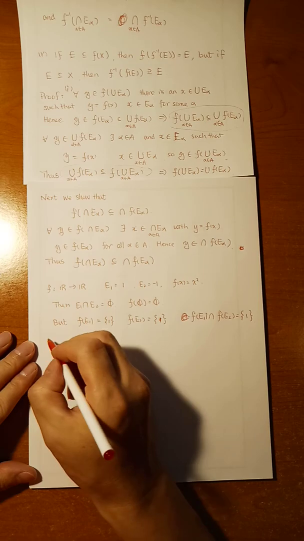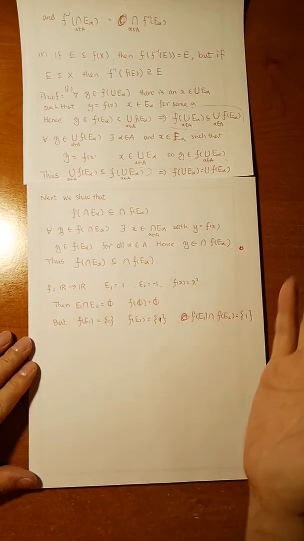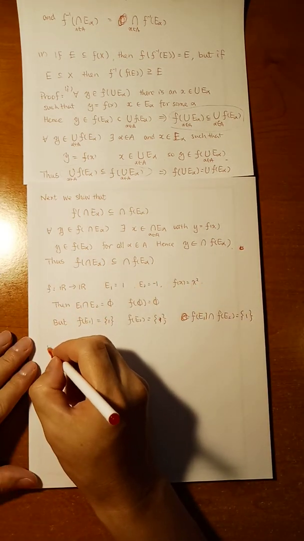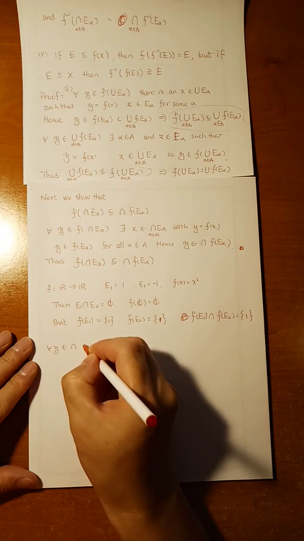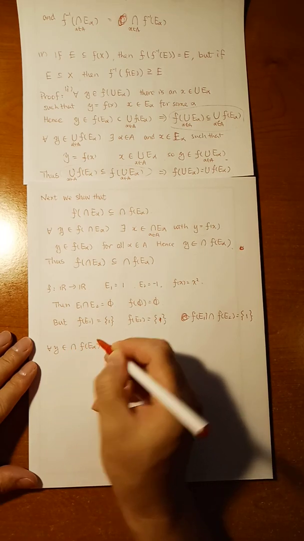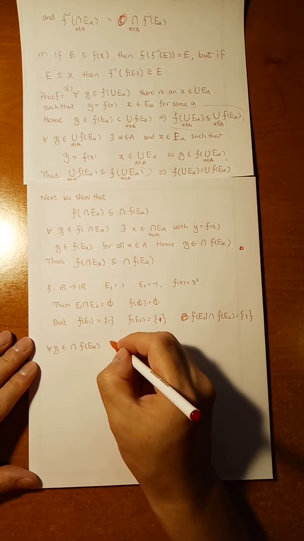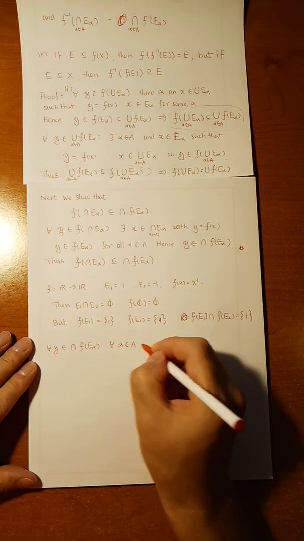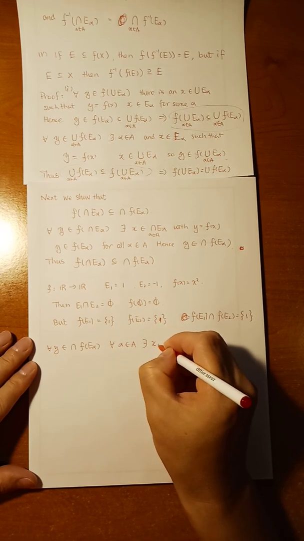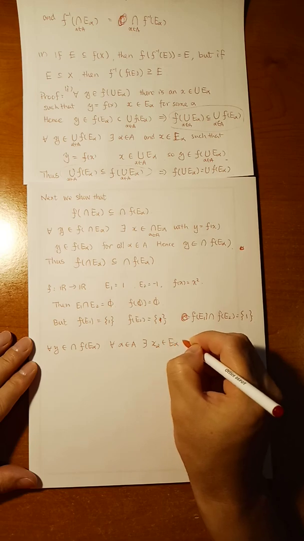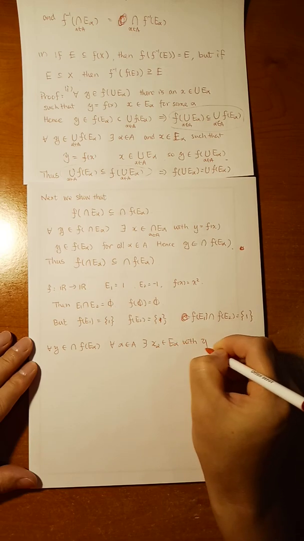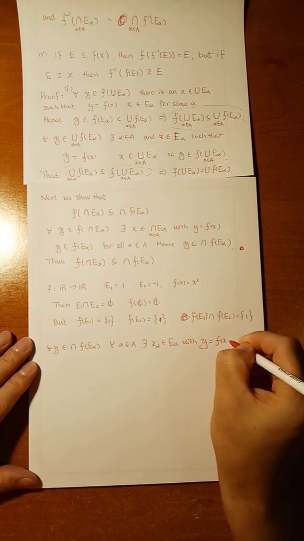The reason is, if you want to prove the other way, for all y in the intersection of f of E alpha, it means for all alpha in A, there exists an x alpha in E alpha with y equal to f(x alpha).